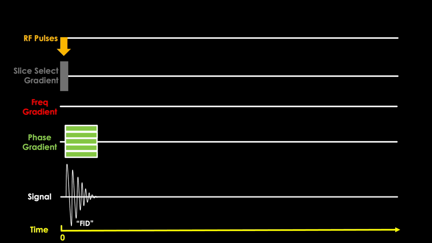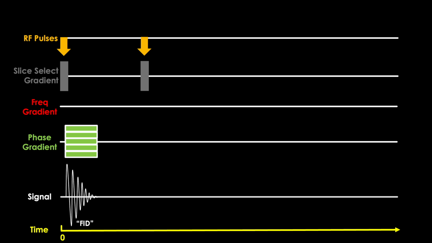So that brings us to the topic of the previous lecture on the echo. We need to make the signal re-emerge so we can apply our second localization gradient, the frequency encoding gradient, and we do this by applying a second RF pulse at some time point after our free induction decay has dissipated. Link to that lecture is above, and I highly suggest you watch it before continuing on with these pulse sequence lectures.